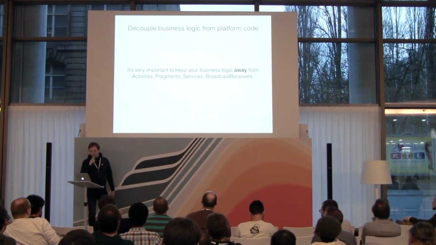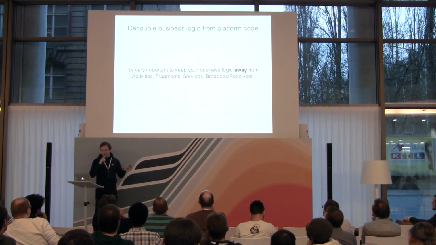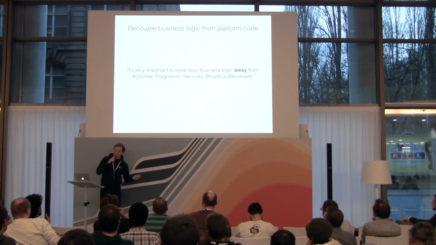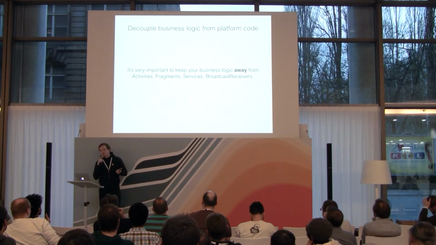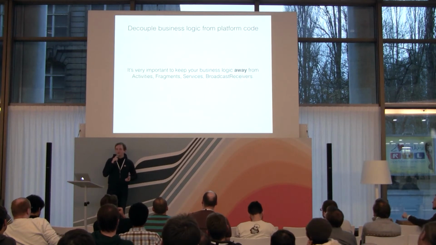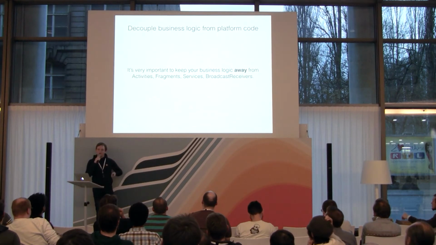So let's start from decoupling business logic and your platform code. Most likely when you see the legacy code, or not legacy code, but any code on Android, you just see big activities and big fragments which have different kind of logic.